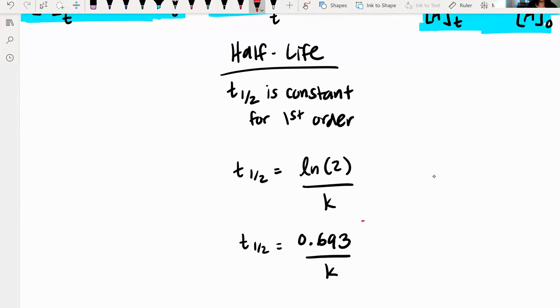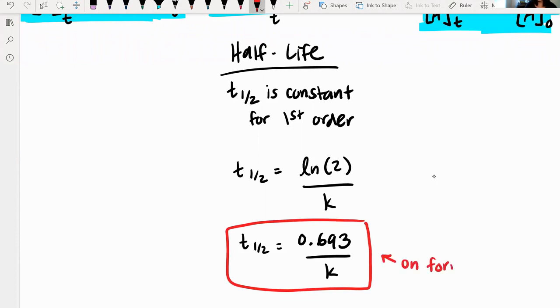All right, so this one that I'm boxing here in red, this is on your formula sheet or your equation sheet from the AP exam. The one here that I'm going to highlight in blue, it's the same thing.